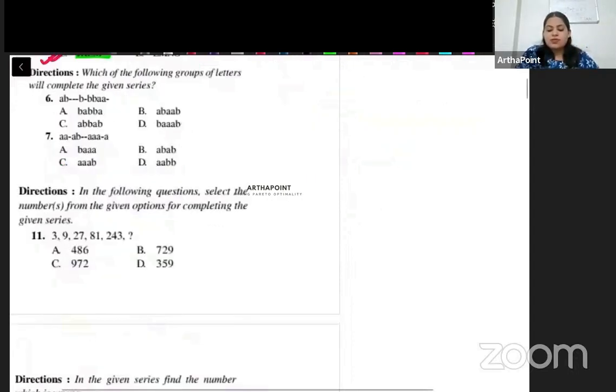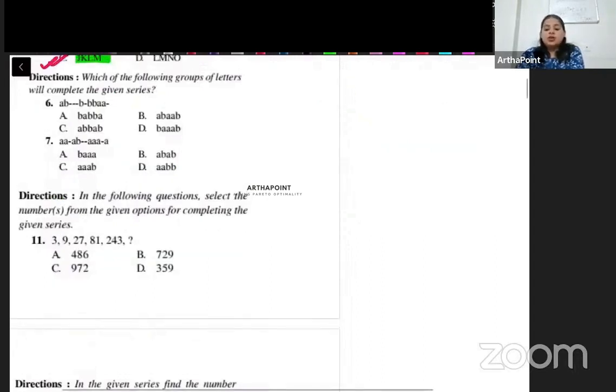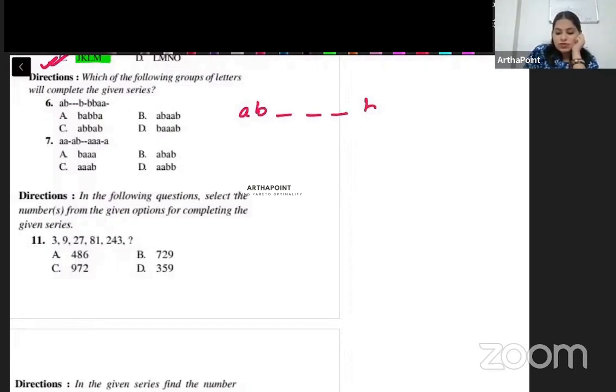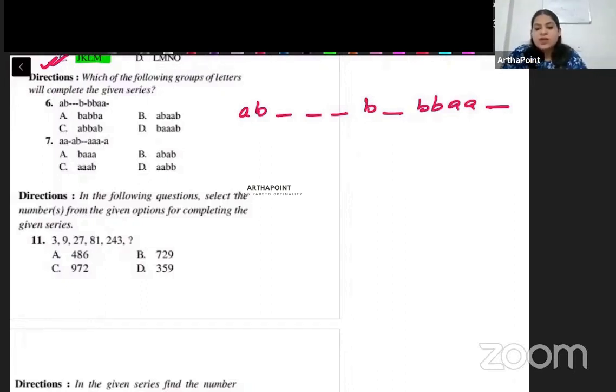Beta, look at the next type of questions. Which of the following group of letters will complete the given series? Beta, series दी हुई है A, B, dash, dash, dash, B, dash, B, B, A, dash. ऐसा कुछ दिया हुआ है. And we are asked to complete this series, right?